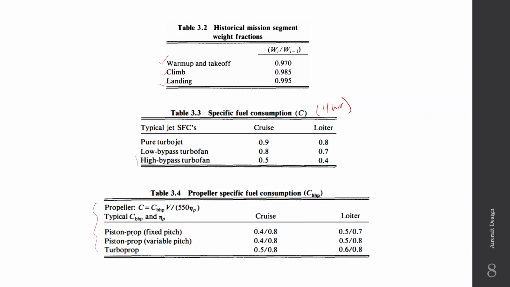And for propeller airplanes, these are the specific fuel consumption. Here we have two values in each cell. The first one is the CBHP and the second one is the propeller efficiency eta.